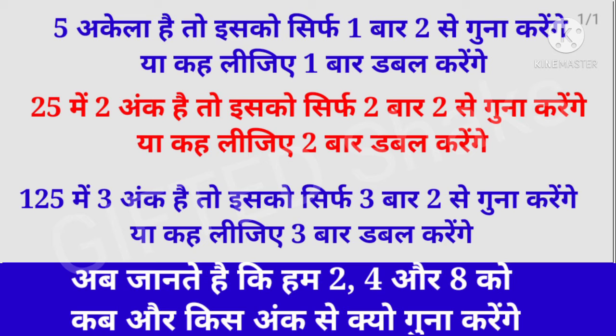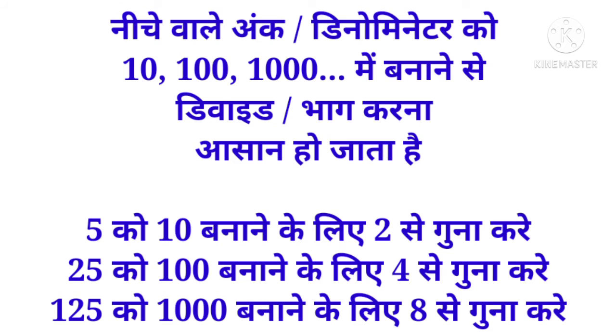4312. Now you have to divide this by 25. As I said, I'll show you why I'm doing that. Basically, when you have the denominator in the multiples of 10, like 10 or 100 or 1000, it becomes very easy to divide.